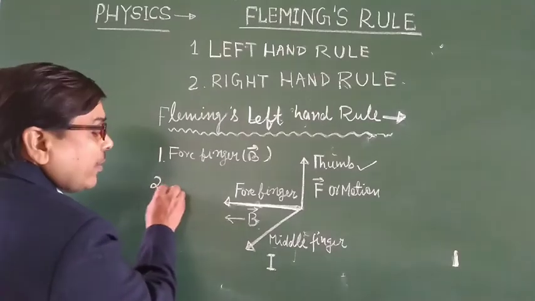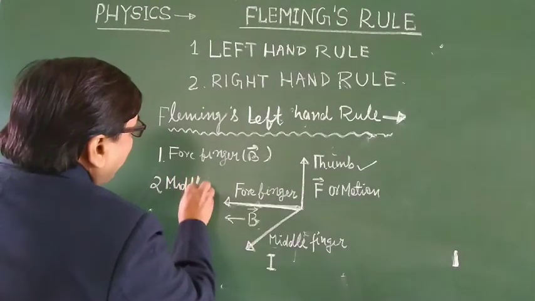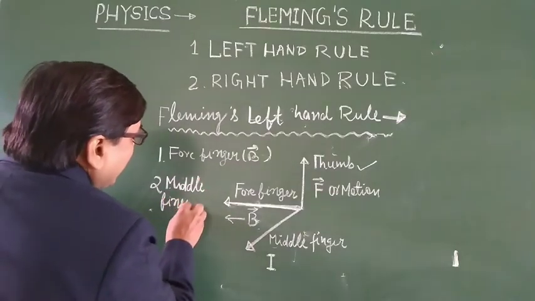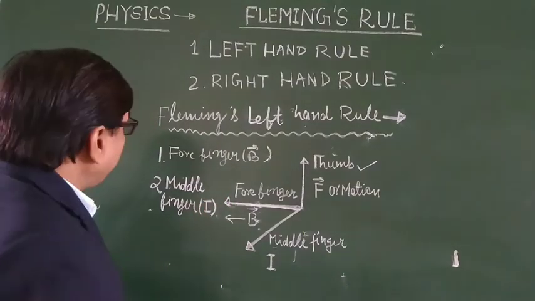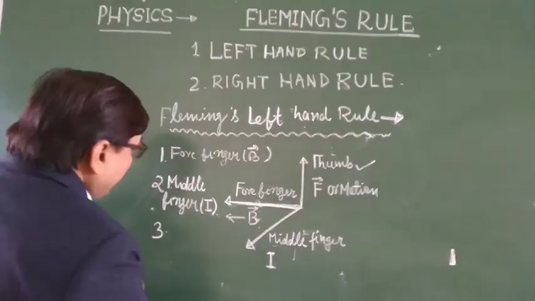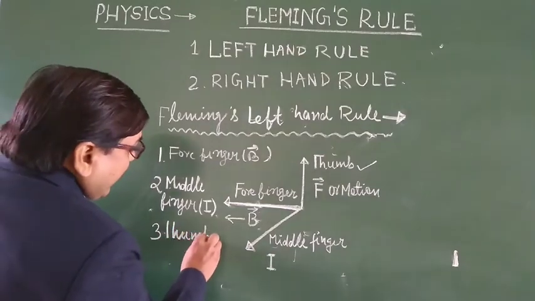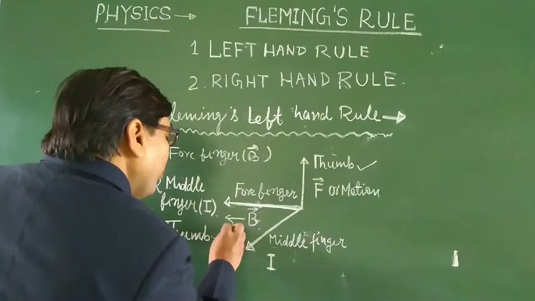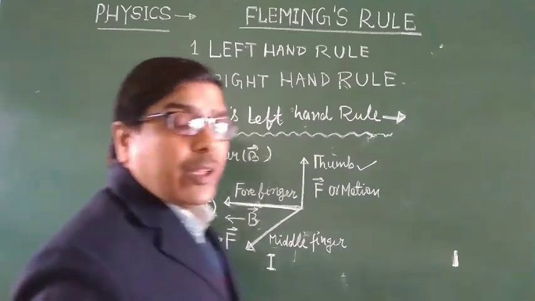Second, the middle finger indicates the direction of flow of current. Then thumb certainly indicates the direction of force. This is the most important part of this law.